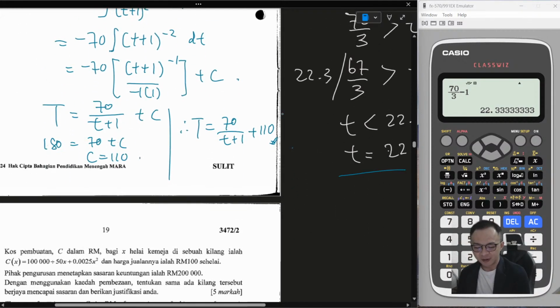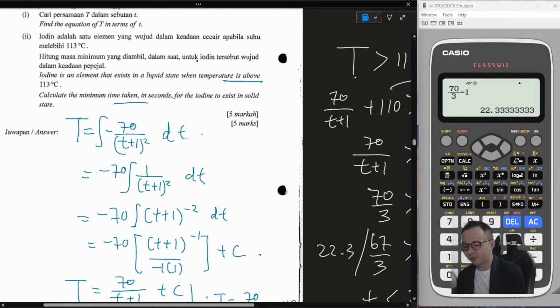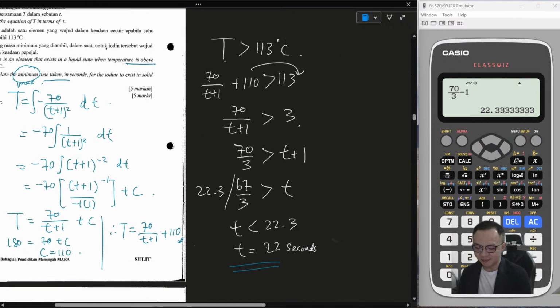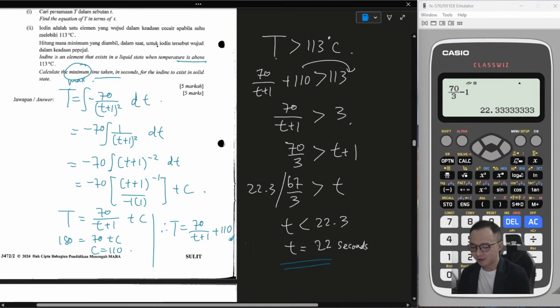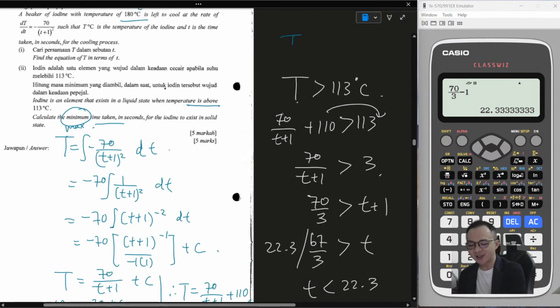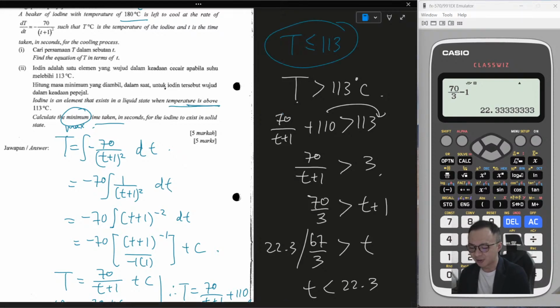I don't know. If changed to maximum, then it's correct, but it is minimum, so either the inequality is wrong or what? The marking scheme says T is less than or equal to 113, but here they say the temperature is above 113.